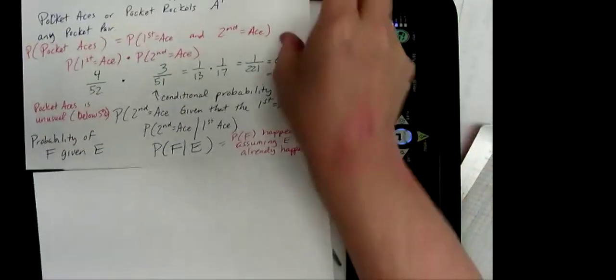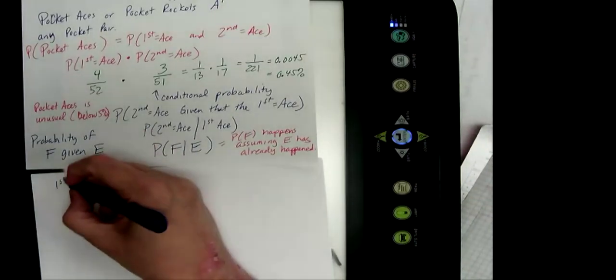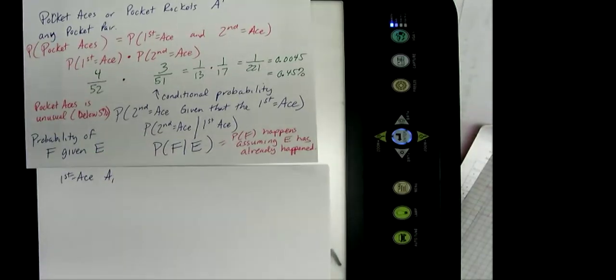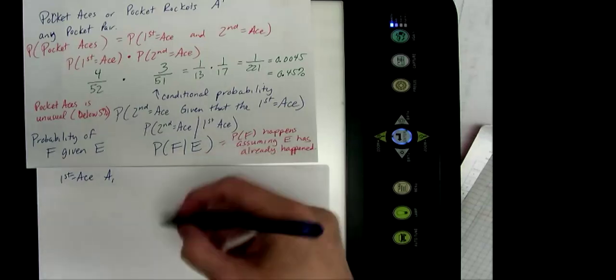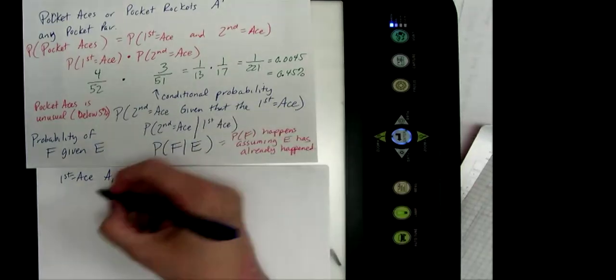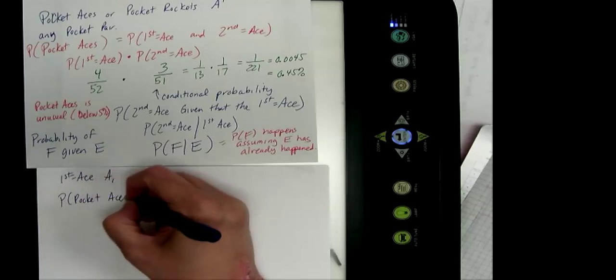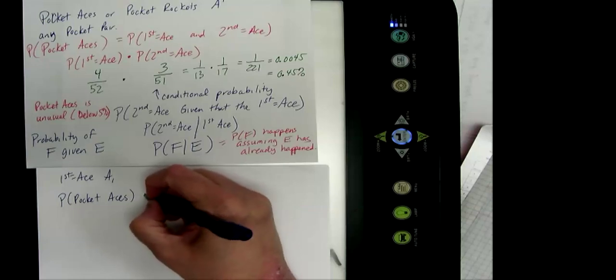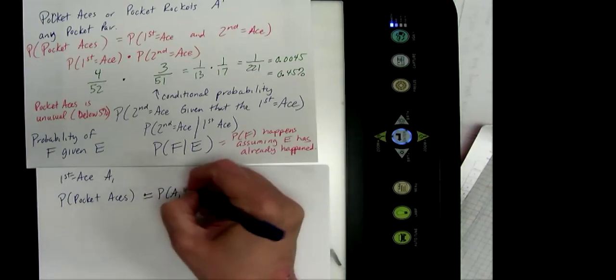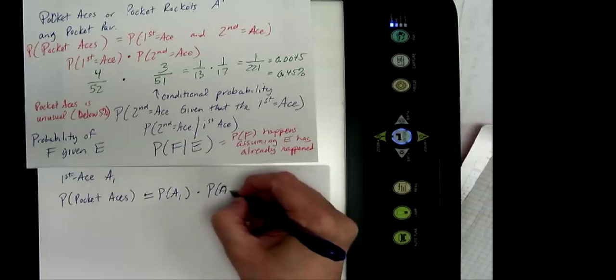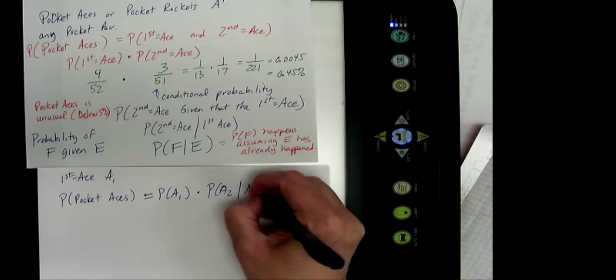So rewriting this pocket pair notation here, I'm gonna say first equals ace, and write it as A1. Does that sound fine? And then second ace is A2. So the probability of pocket aces is the probability of A1 times the probability of A2 given that A1 has already happened.